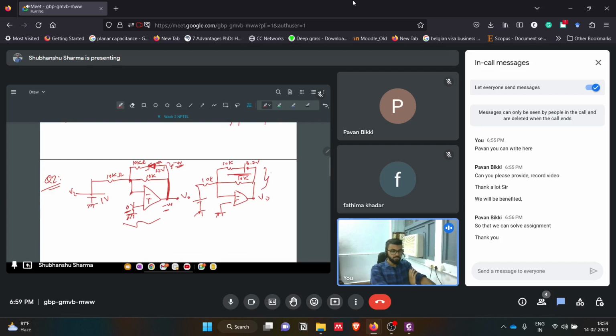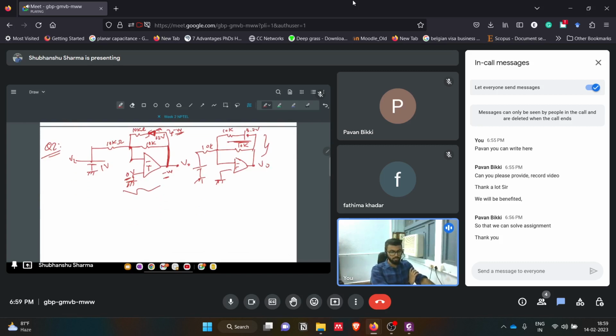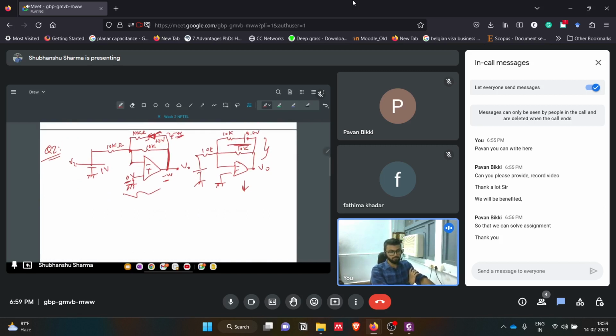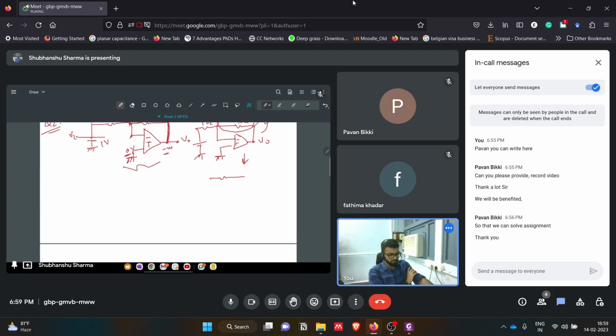Normally there is a concept of supernode you can use, but if you don't know it, there is an alternative way: convert this whole thing into a voltage source, then a current source, then again into a voltage source. So how can we do this? I'm telling you how to solve this slightly complicated feedback circuit.